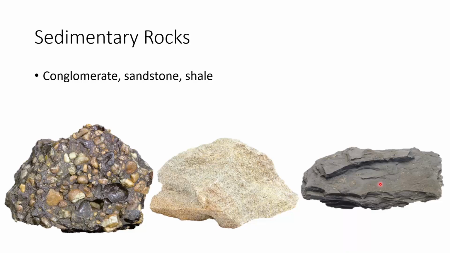Also, often associated with shales are claystones and mudstones. While claystones and mudstones are composed of grains the same size, they do not retain any of the layering that shales and siltstones retain.